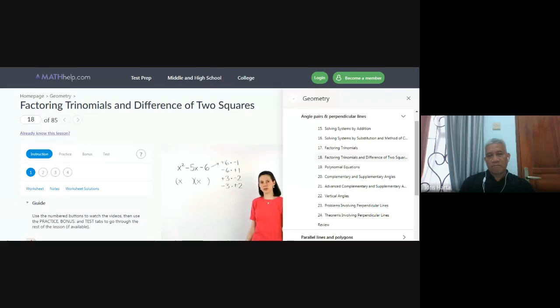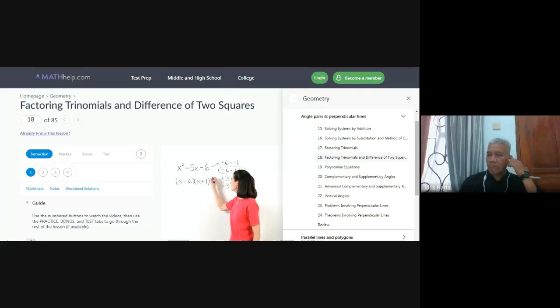This is a tricky problem because many of these pairs of factors look like they could add to -5. But the only one that does is -6 times +1. So our answer is x minus 6 times x plus 1.